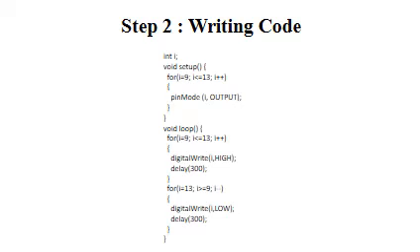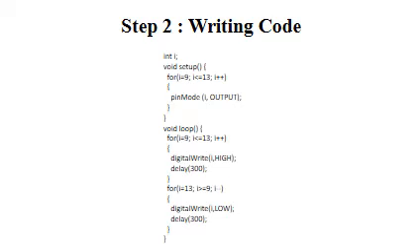In this code section, notice that the pinMode Arduino command is used to define the operation of the input-output pins. Among the two functions, there are setup and loop function. The setup function is called when a sketch starts.